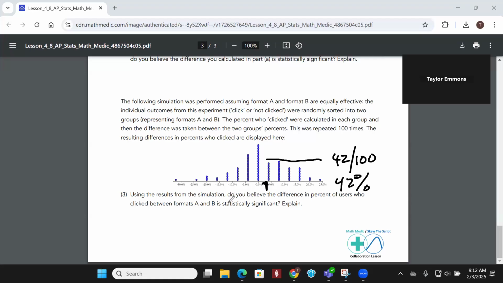So do we think that there is a statistical significance?